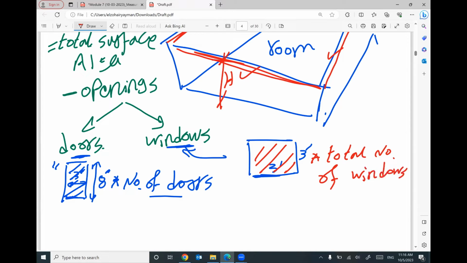Sometimes, most of the time, we have different sizes of windows. If this information is given, go ahead and find the area of each window if they are different. But if all of them are the same size, for example 3 by 3, or this information is missing, you can assume it.